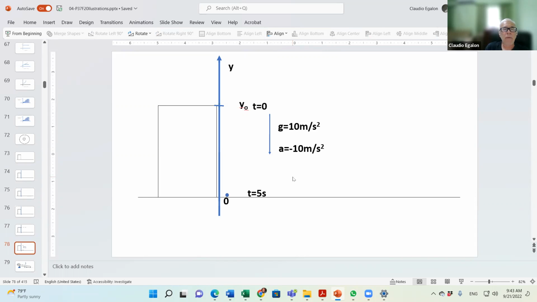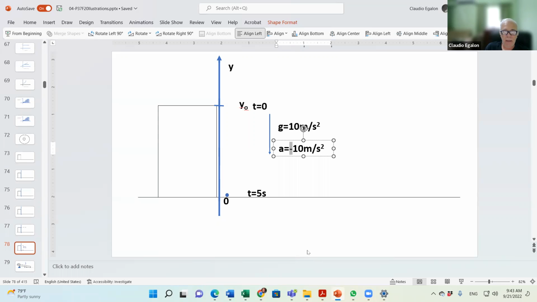And that's very intuitive. Why? Because it starts at y naught, and as the particle goes down, the position keeps on decreasing. The only way the position is going to decrease is by having a negative value for the acceleration. G is always positive, right? It's just a that can be positive or negative.